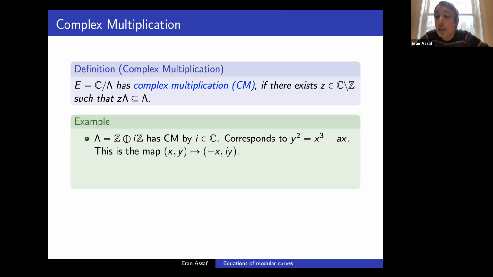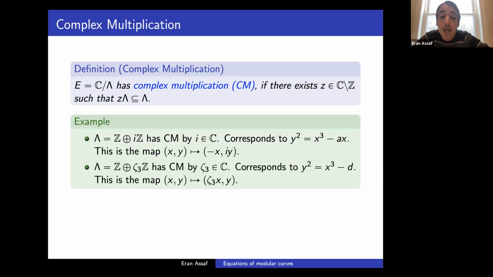And this corresponds to the curve y squared equals x cubed minus some constant times x. And the map that we obtain on the level of the algebraic curve is the map sending the point (x, y) to the point (minus x, iy). So that's an automorphism of the curve, which comes from this complex multiplication.